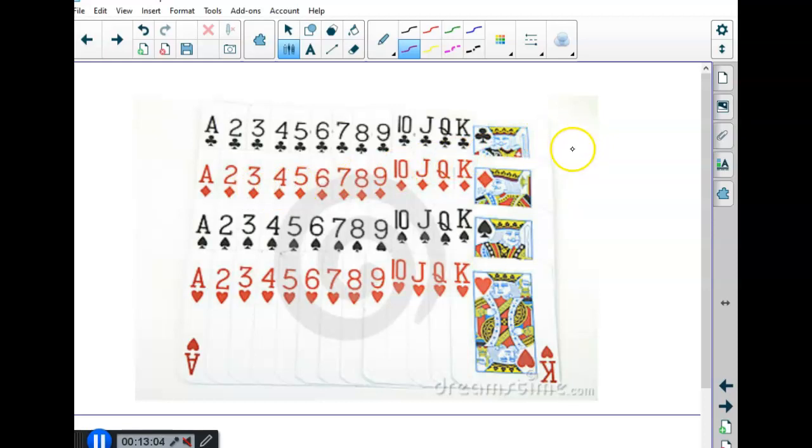So that's what you need to know. There's 4 different kinds. It's ace through 10 and jack, queen, king. There's a total of 52 cards, so there's 13 of each of these for a total of 52. Does that seem like enough information? Okay.